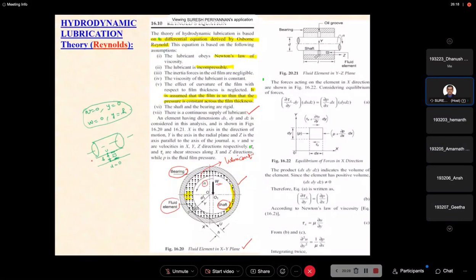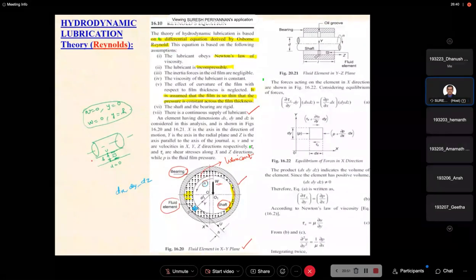This is the small fluid element he considered in his work. The fluid element volume has dimensions dx, dy, dz.